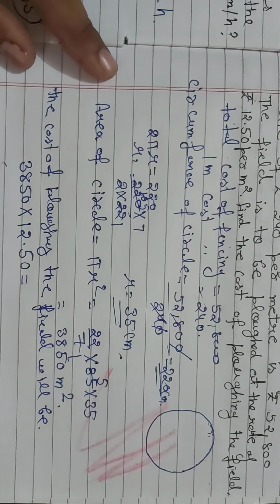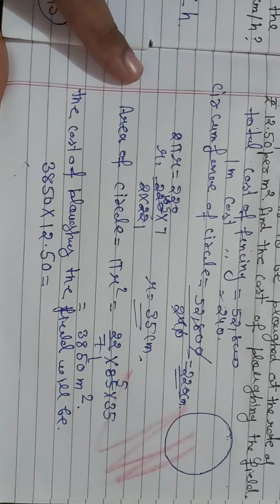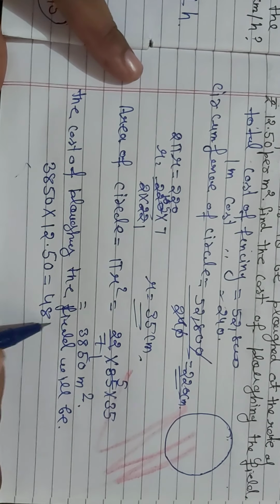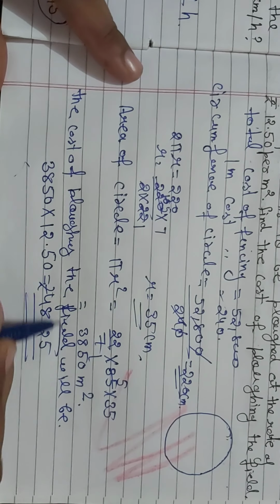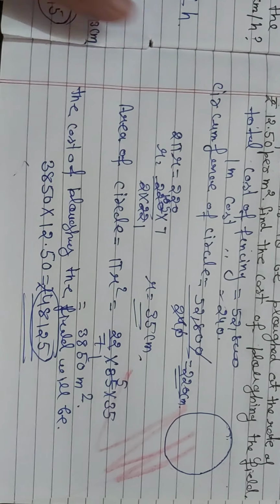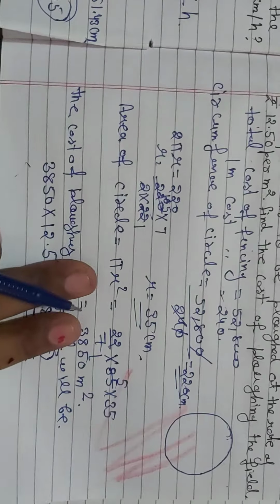We solve the multiplication of this, and this multiplication equal to 48,125, and these are rupees, 48,125. Okay, the next question.